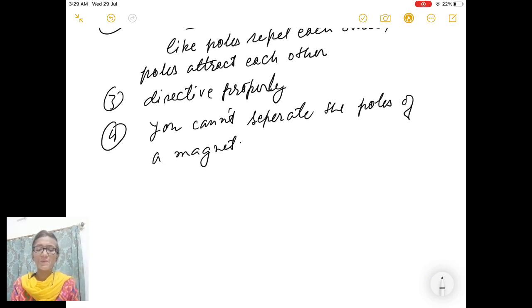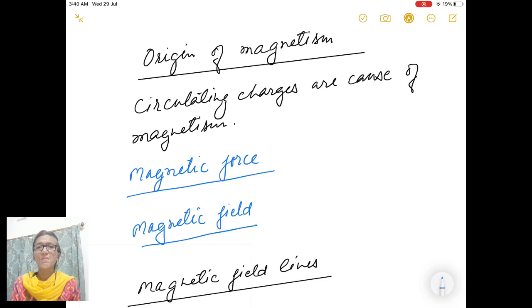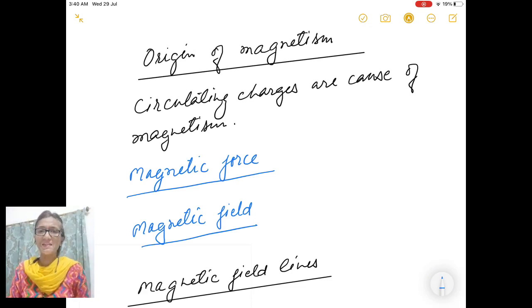Now, the next thing, the origin of magnetism. The origin of magnetism is circulating charges. In 1864, the work of Ampere and Maxwell suggested that it is due to the motion of charges.